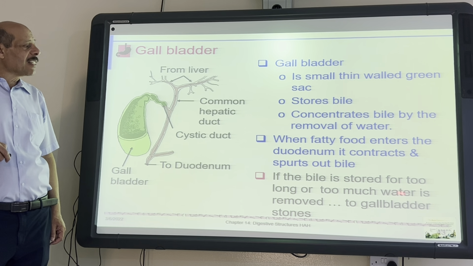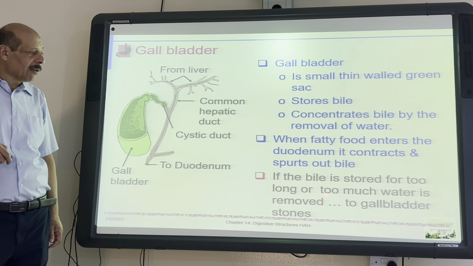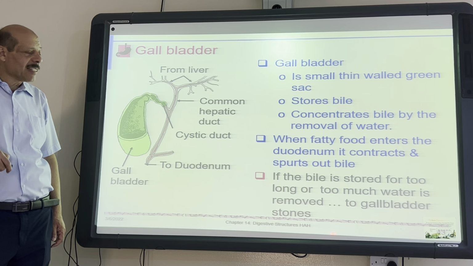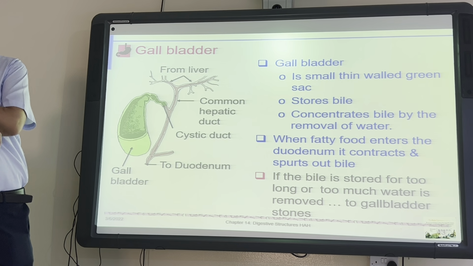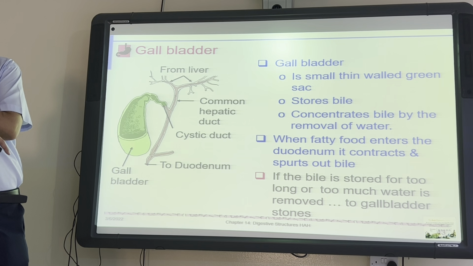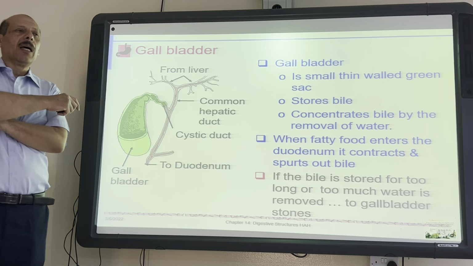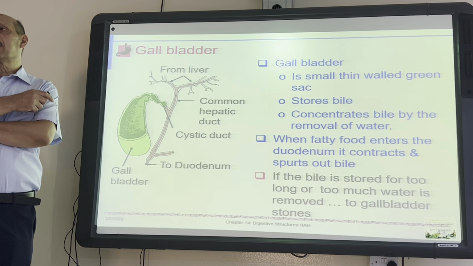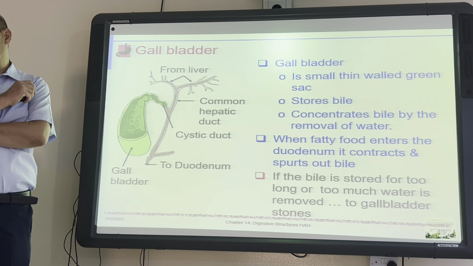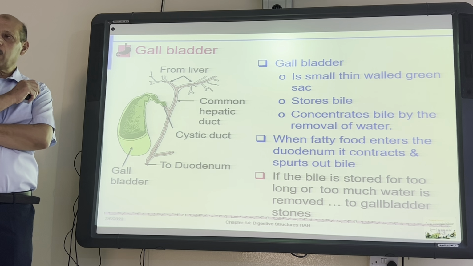If the bile is stored for too long or too much water is removed, in this case, it might lead to formation of gallbladder stones. So one of the conditions that might affect the gallbladder and the gallbladder duct is the formation of stones.